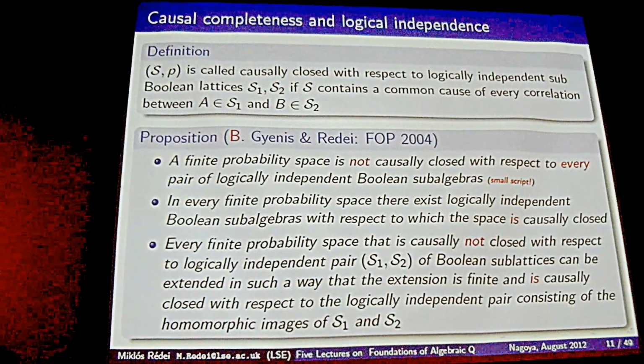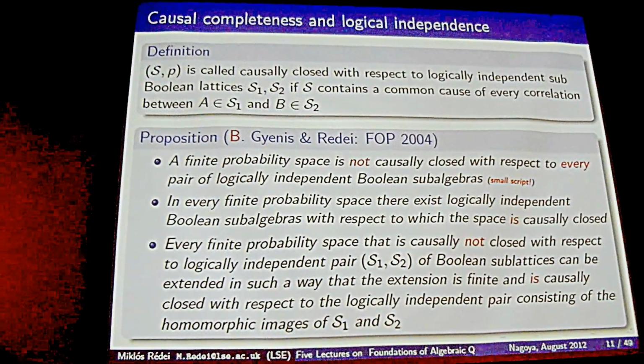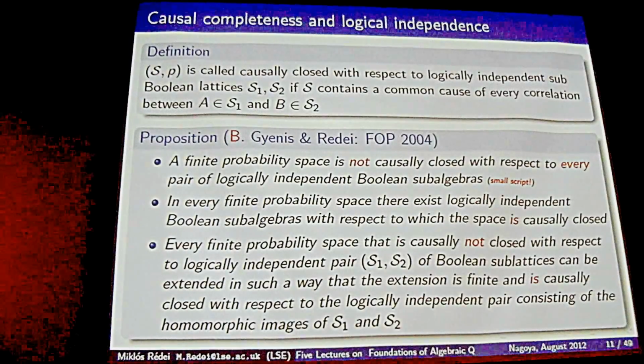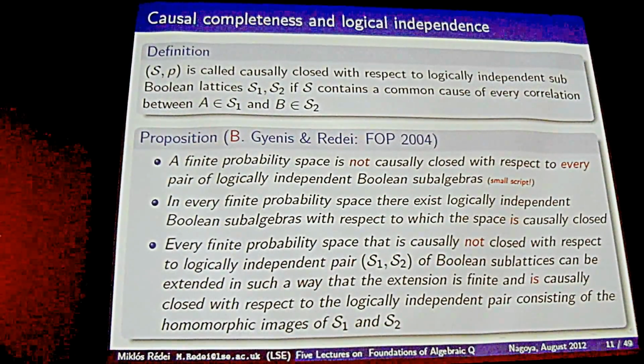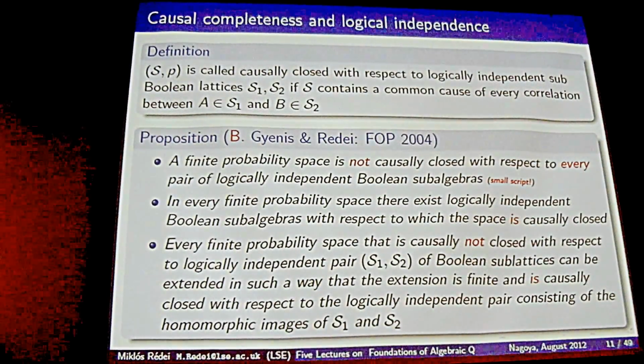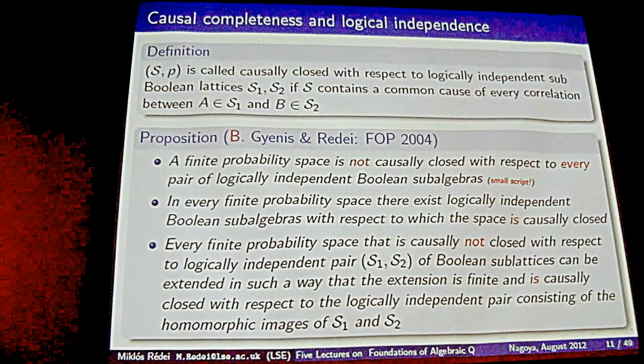Okay? It's a very natural definition of extension. And the claim here is that indeed this can be done. So any small space can be extended into a larger one, which is still finite, such that the larger one has an explanation of the correlation in terms of the common cause.